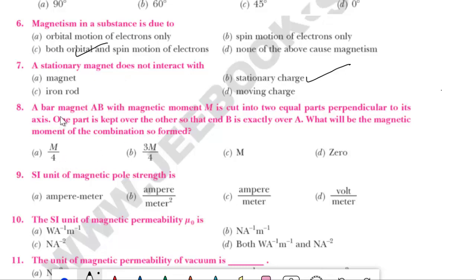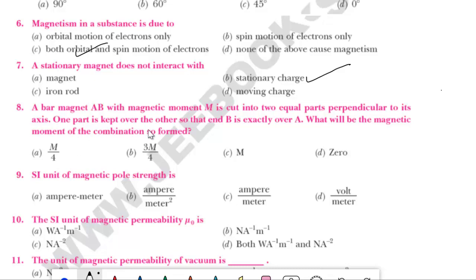Next one. A bar magnet AB with a magnetic moment M is cut into two equal parts, perpendicular to the axis. One part is kept over the other so that the end B is exactly over A. So AB is there and M is cut into two equal parts perpendicular to the axis, dividing it into two.